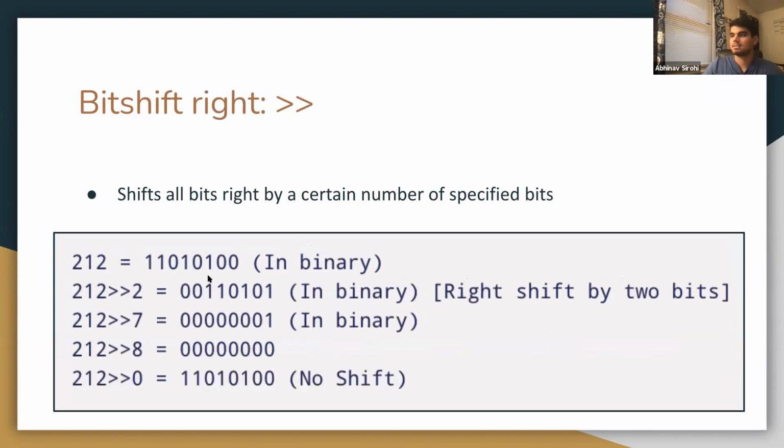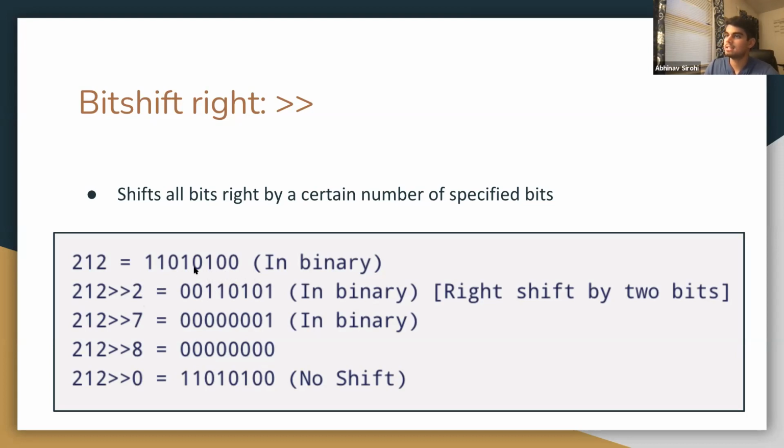And similarly, we have bit shifting to the right. It's the same concept, except it shifts everything over right. So let's say we want to bit shift this string over to the right by 2 bits. When we call this, it'll move every bit over to the right. So this 0 moves over 2 to the right. This 0 does the same thing. Then these 2 zeros will disappear, and this 1 will move over to the 0 that was here.